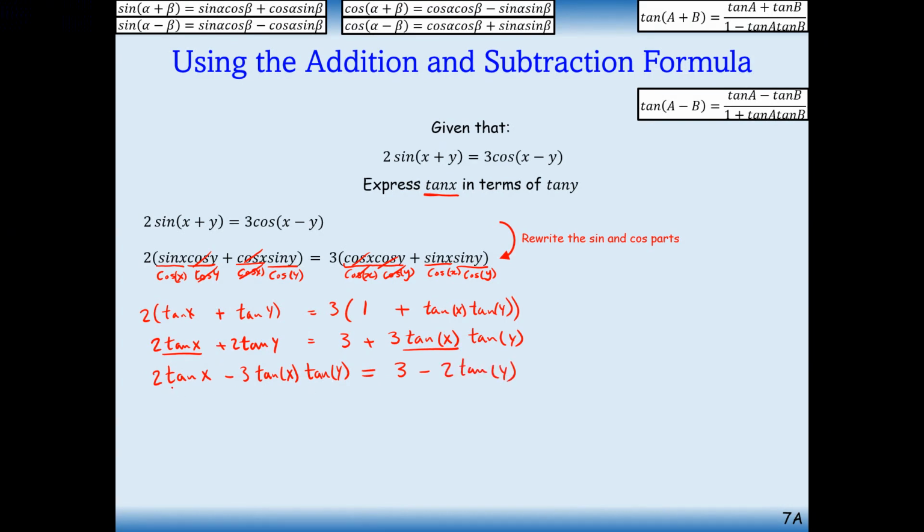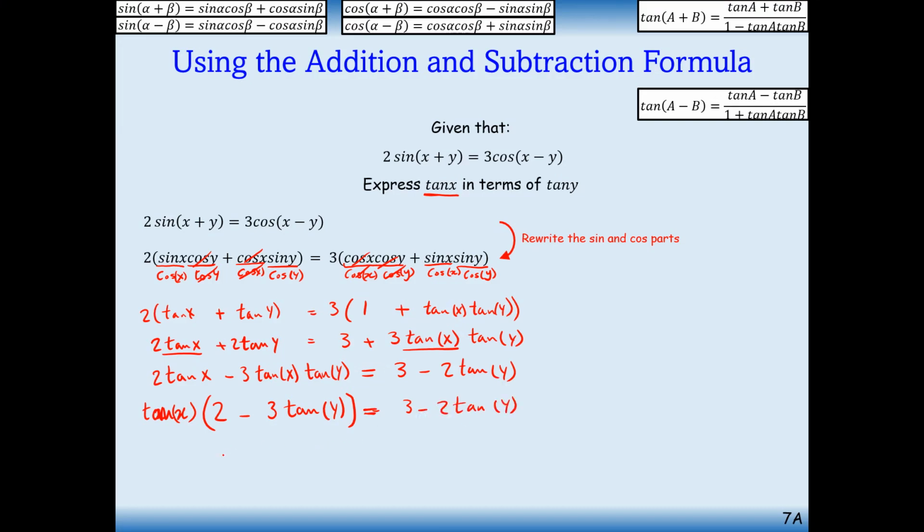And the purpose is to find tan of x here, so I'm factorizing it out of the left hand side. We'll have 2 take away 3 tan y here on the left, and we close that second bracket, and we don't have to factorize anything on the right hand side. There is no tan of x here.